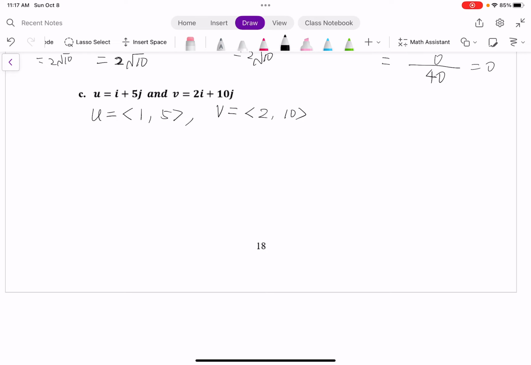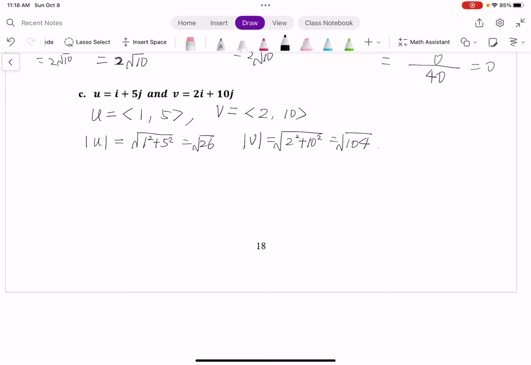The magnitude of u equals square root of 1 squared plus 5 squared, which is square root of 26. The magnitude of v is square root of 2 squared plus 10 squared, square root of 4 plus 100, 104. So I got the magnitudes of u and v.